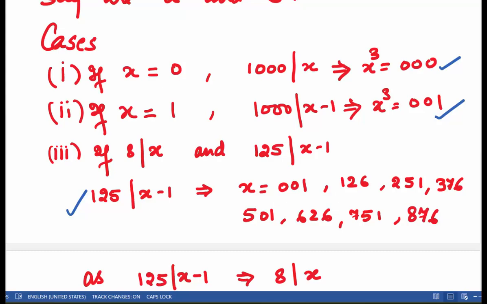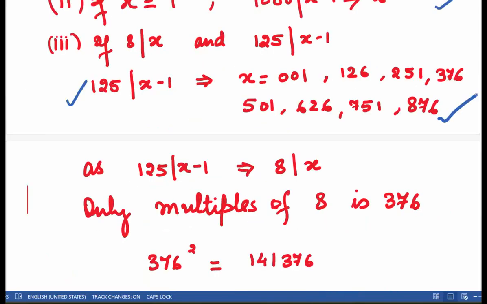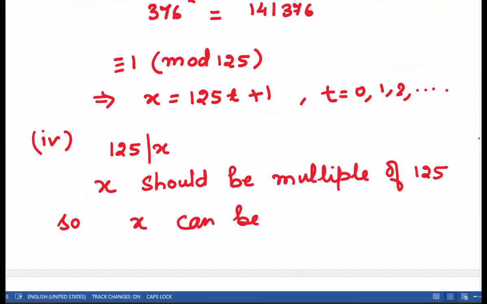Now, as 125 divides x minus 1, this will imply 8 divides x, but the only multiple of 8 we see in our list is 376. So if you square 376, we will get 141376, and that is congruent to 1 mod 125. So in general our x will be 125t plus 1 for different values of t, 0, 1, 2, and so on.